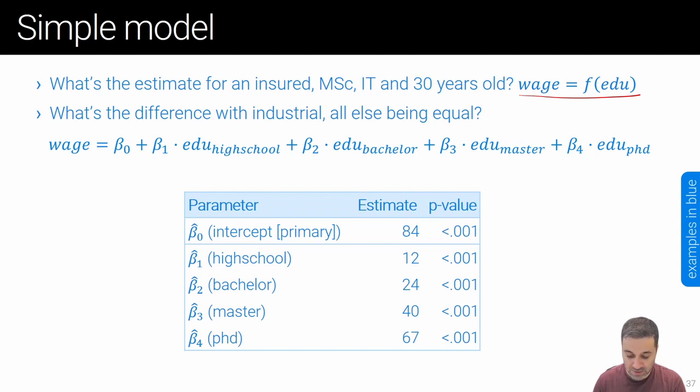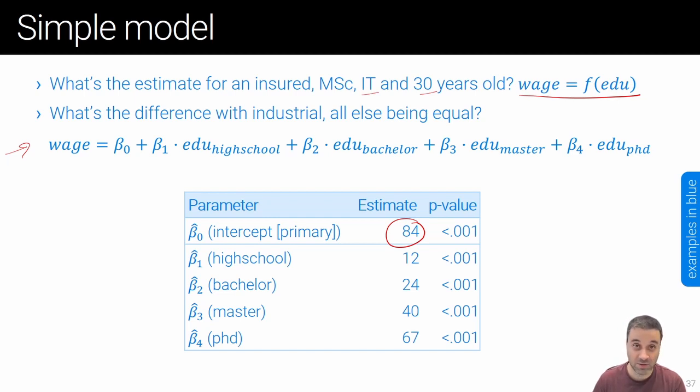So let's say the model in this case is something like this over here. We have each of the dummy variables, and they correspond to a deviation from the reference, which is primary education. So we see that for the primary education, we get 84, I believe this is $1,000. But this doesn't account for the age or the job class. It's only education.